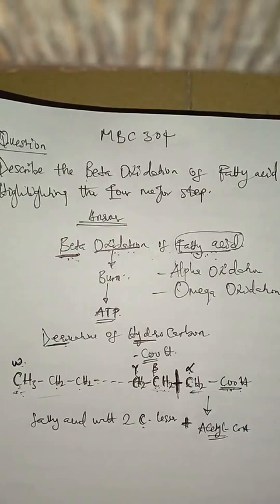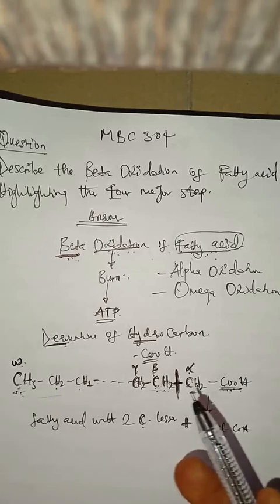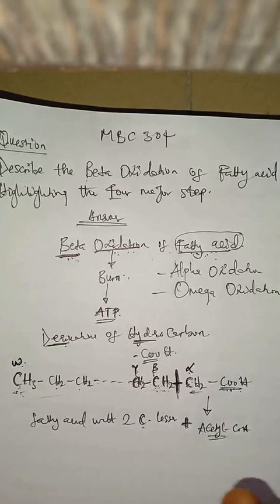Now, if this is clear, there's something you need to know. Generally, the body does not usually use fatty acid as a source of fuel on a normal day. Our major fuel is glucose, a carbohydrate. So when you see a case of somebody doing beta oxidation of fatty acid, probably the person is fasting.